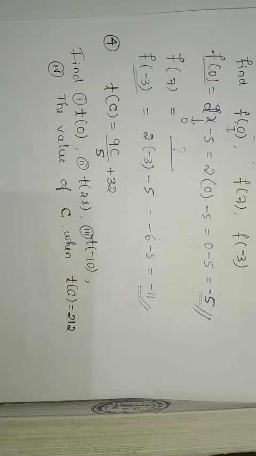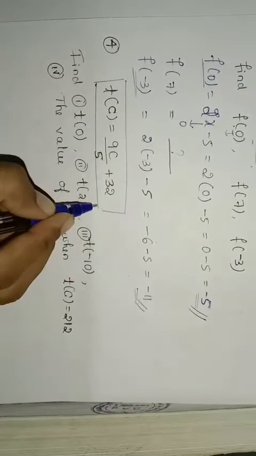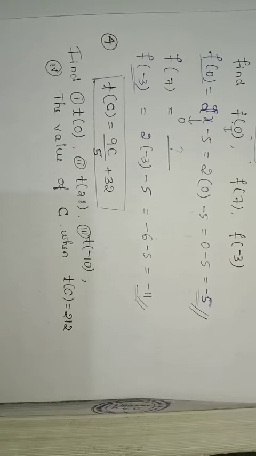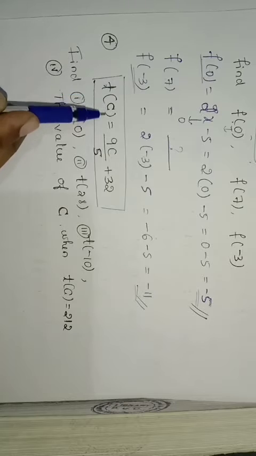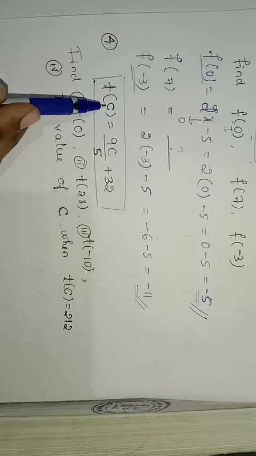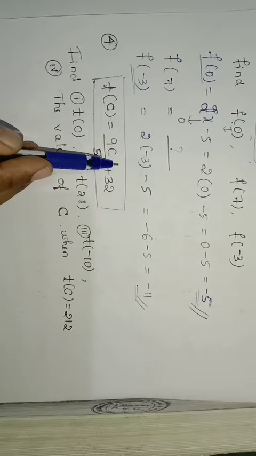So here they have given t of c is equal to 9c divided by 5 plus 32. So this is the equation, that is the function t. The function t maps the temperature in degree Celsius into the temperature in degree Fahrenheit, okay.